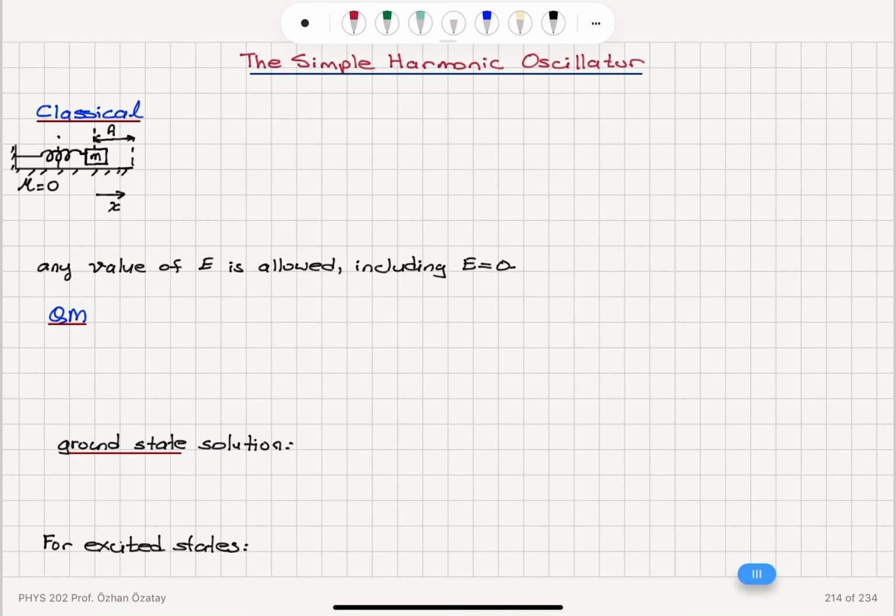For the simple harmonic oscillator, the force that the block with mass m feels is the spring force F, which is equal to minus kx.